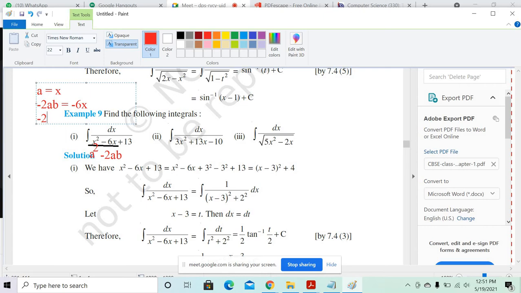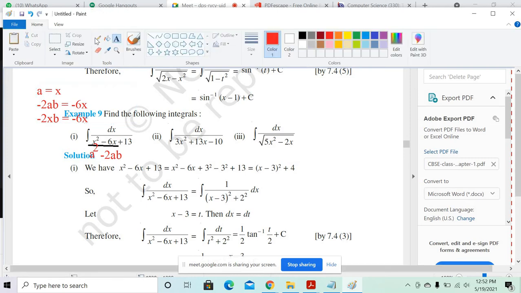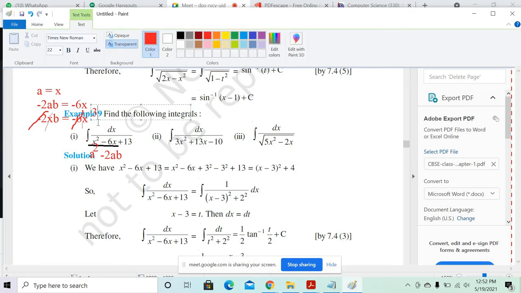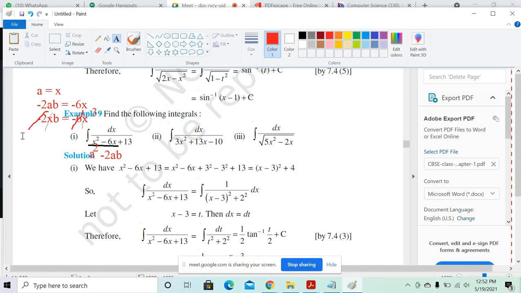So it will become minus 2x into b is equal to minus 6x. So x cancelled, and minus 2 gets cancelled. So it becomes 3. So what is the value of b you got?